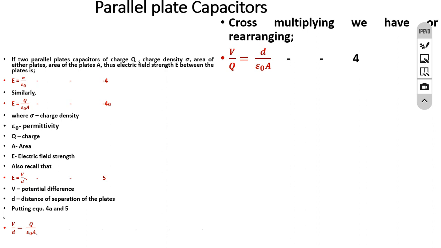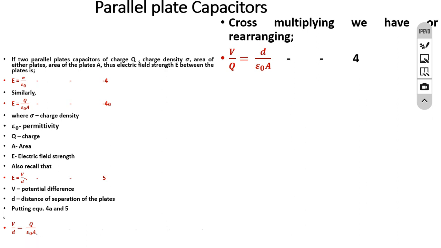Please pardon my numbering. This is supposed to be equation 6. The black one here, since I already have 4, 5.